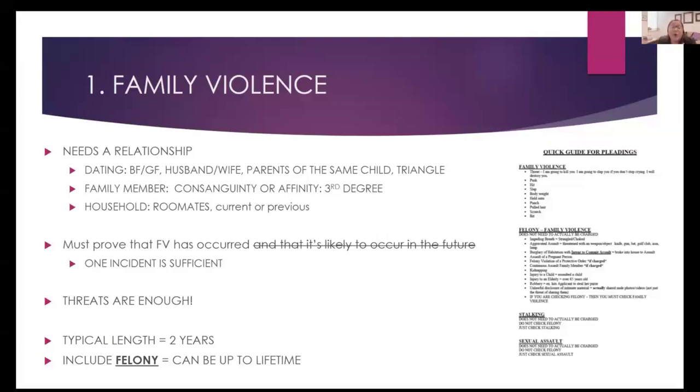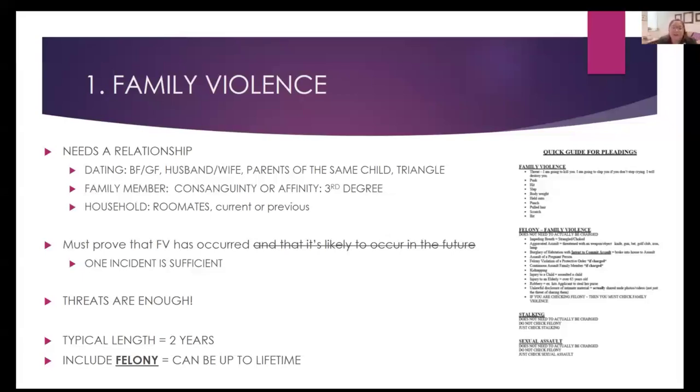But technically one incident of domestic violence, of family violence, is sufficient. And threats are enough. You don't need to have black and blue. A threat of violence is enough. And typically, as stated, the length is 2 years. Now, if you include that the offender has committed an act that constitutes a felony offense, it's not necessarily that he or she has been charged.